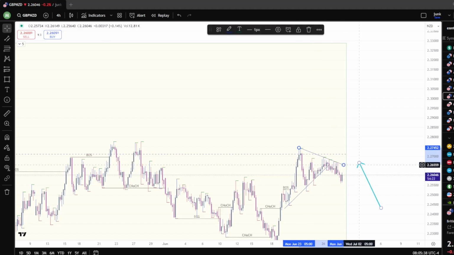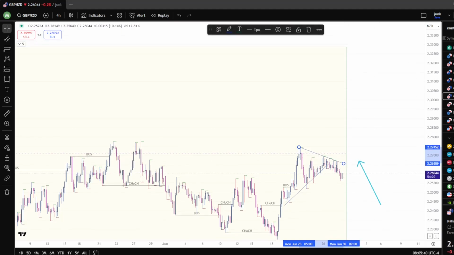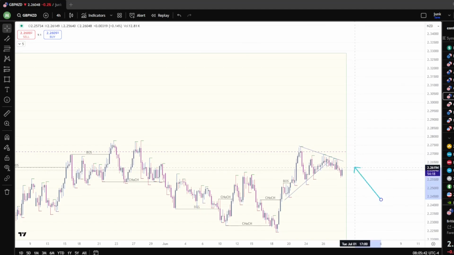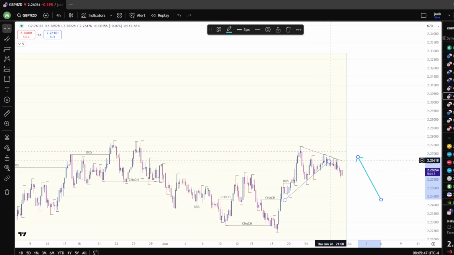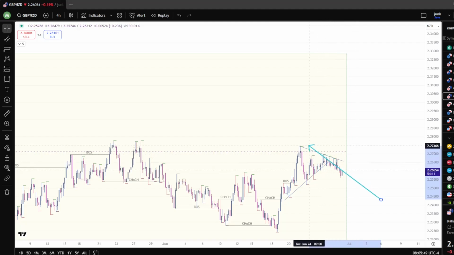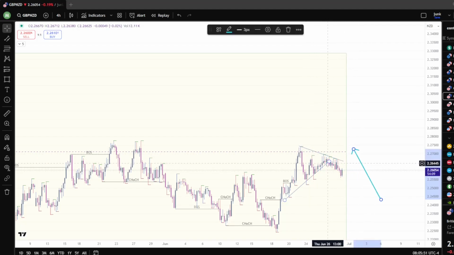And then it broke out to the downside. So swing structure bearish, fractal structure started to be bearish once it started taking out these lows and unable to make any new highs into premium. So waiting to see if this can continue.